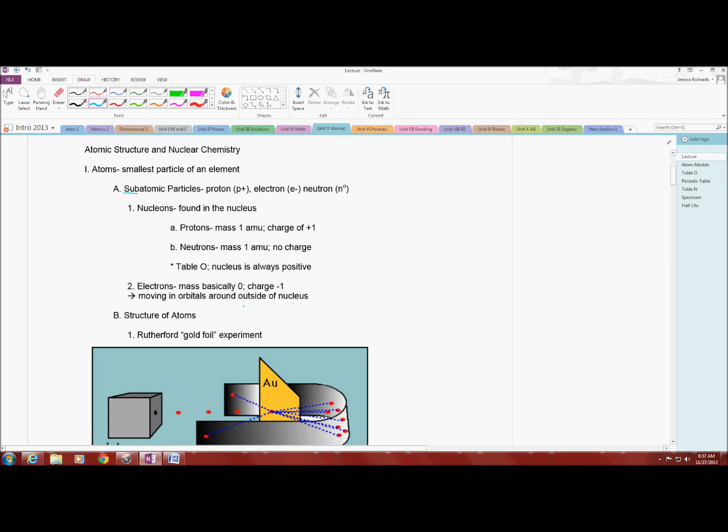So atoms are made of protons, neutrons, and electrons. There are parts that are found compacted together in the center, and we call that center a nucleus.